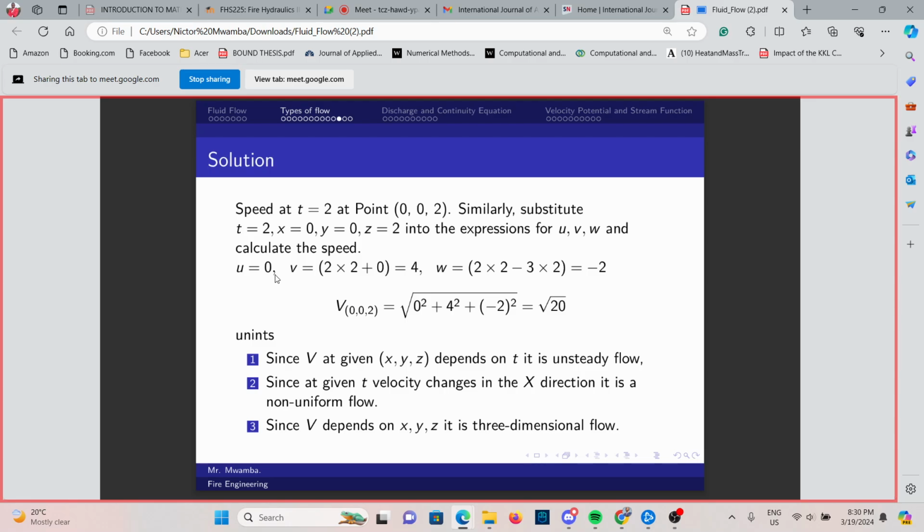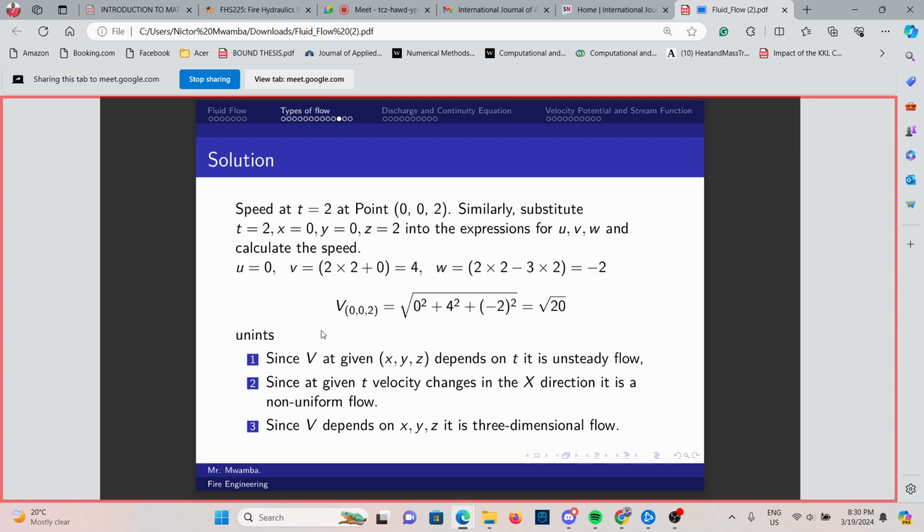Because for the resultant velocity or speed, you square each velocity component, then sum them. So 0 squared, 4 squared, and 2 squared, and you end up with the square root of 20. So that is 20 units. Now you found the speed.